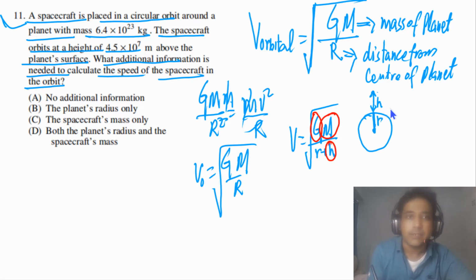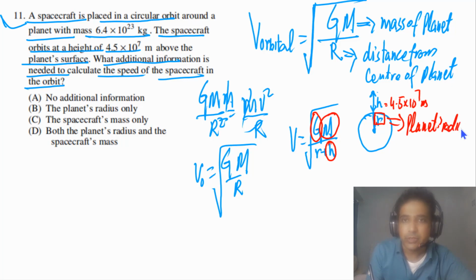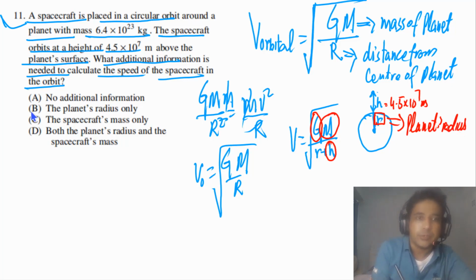This height is given to us, that is equal to 4.5 times 10 to 7 meters, meaning height from the surface of the planet. So if we have value of r, we can calculate orbital speed. So simply we need planet radius. So we can say planet's radius we need if we need to calculate orbital speed. So the answer for this question has to be B.